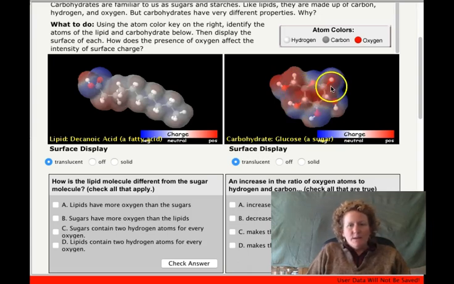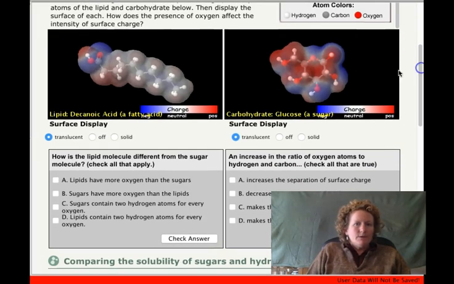There's positives and there's negatives. Where there's an oxygen, there's some negative blue stuff going on here. So this is all kinds of charged. This is a little bit charged on one end. So more oxygen is making some craziness with the charge.